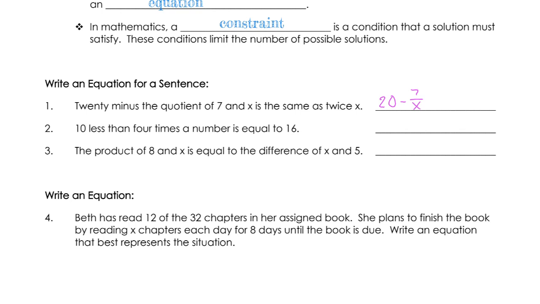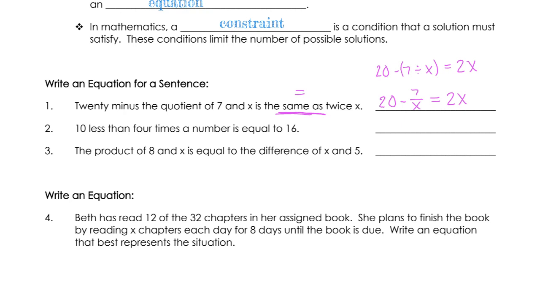I like to write my division like a fraction. You could also have 20 minus 7 divided by x, that would be totally fine. I would put this in parentheses if I were you, if you wrote it like that. But then it says is the same as twice x. So the same as would be our equal sign. Twice x would be 2 times x. So if you finish this one up here, either of those would be totally acceptable.